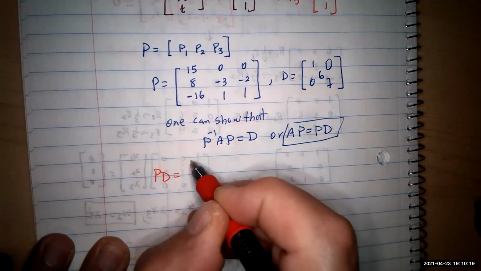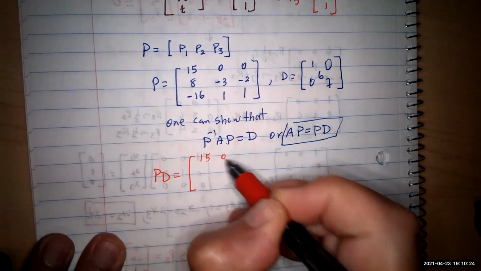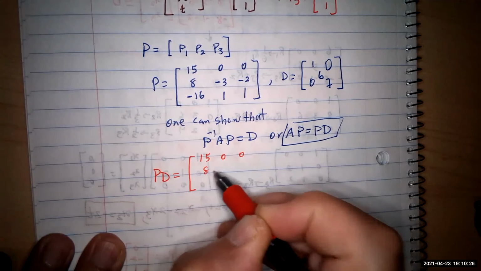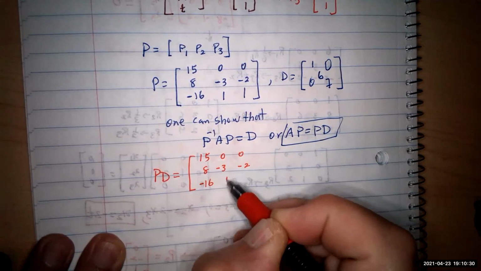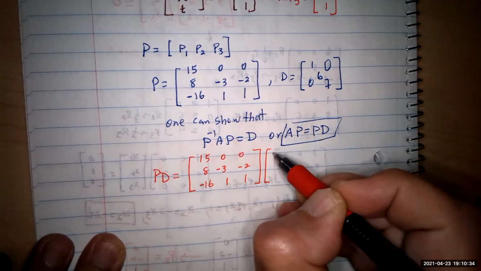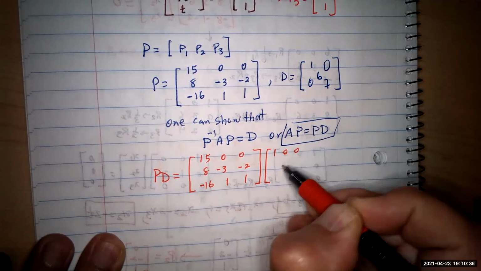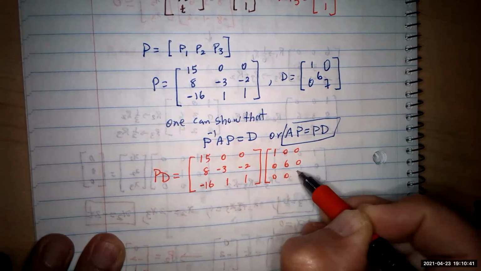So PD, this is P: 15, 0, 0, 8, negative 3, negative 2, negative 16, 1, 1. It's easy to multiply by D, of course. The D is 1, 0, 0, 0, 6, 0, 0, 0, 7.